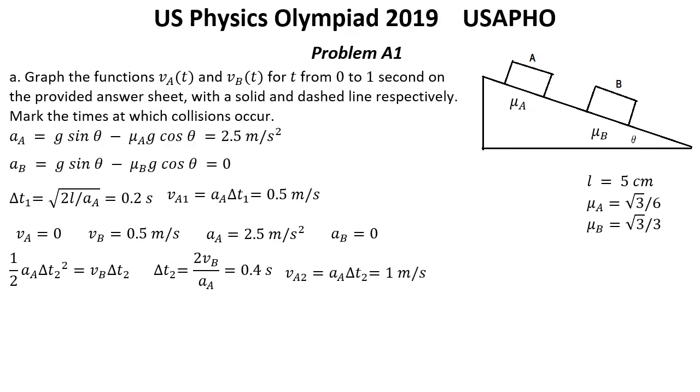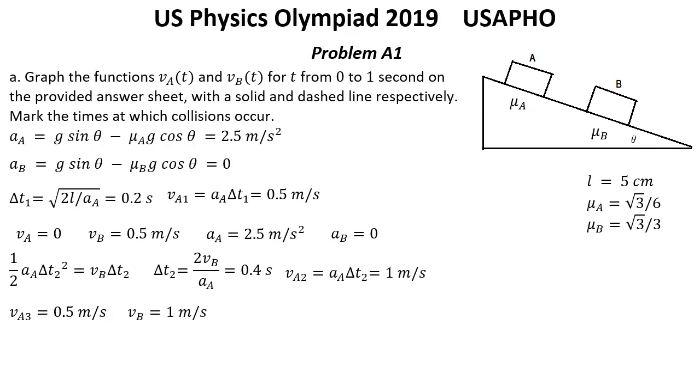Before the second collision, block A has velocity 1 meter per second, and block B still has velocity 0.5 meters per second. After the second collision, they exchange velocities again, and we have VA equal 0.5 meters per second and VB equal 1 meter per second.